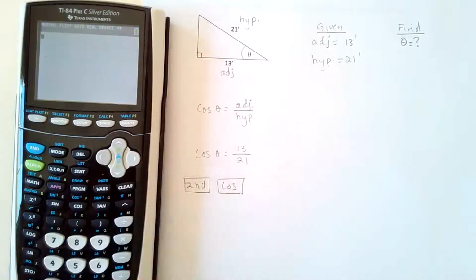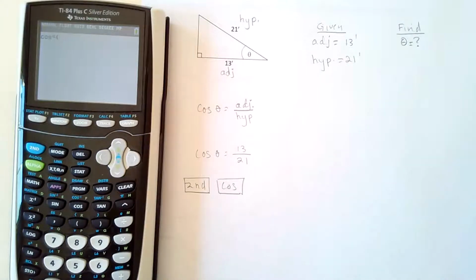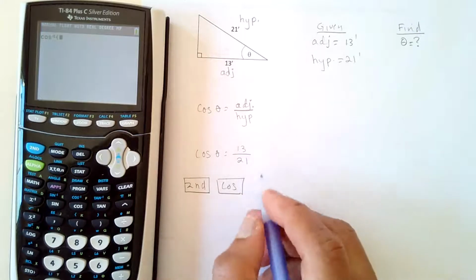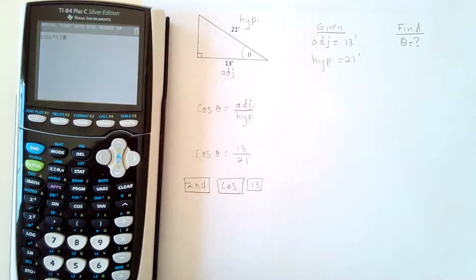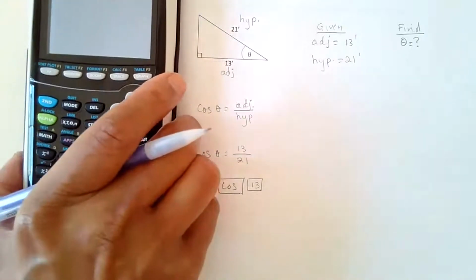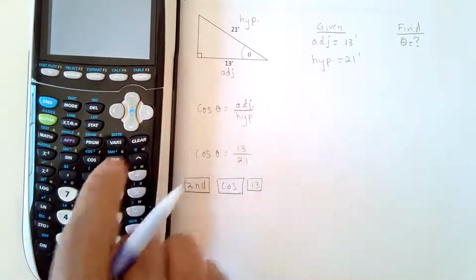Clear my calculator. So second button cos 13, so I'll do this again.